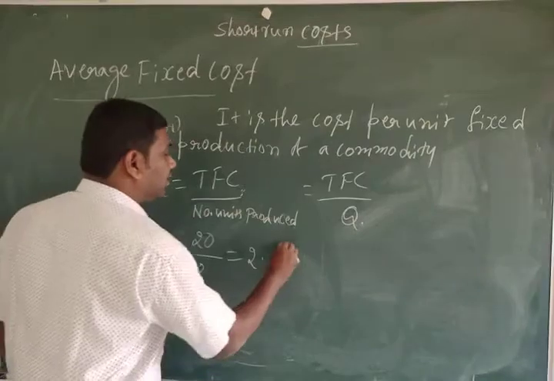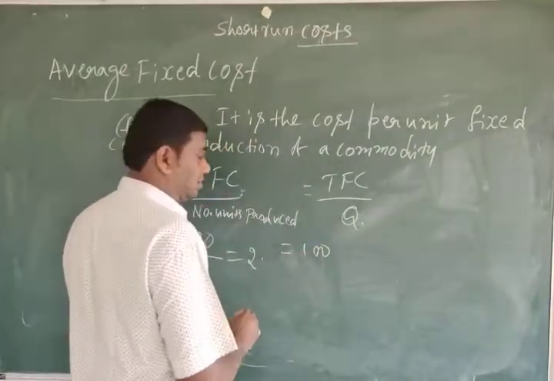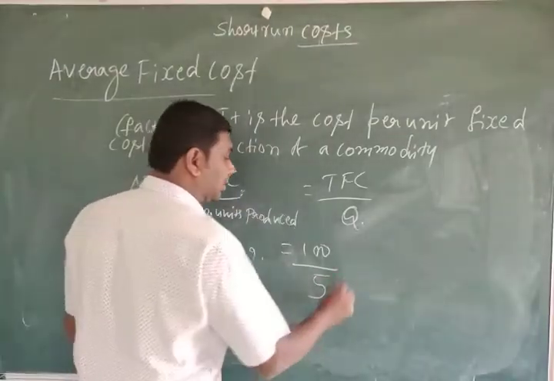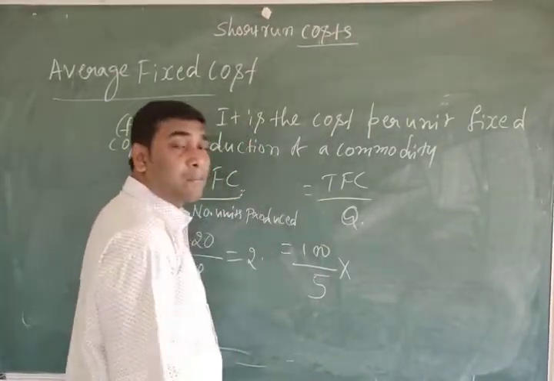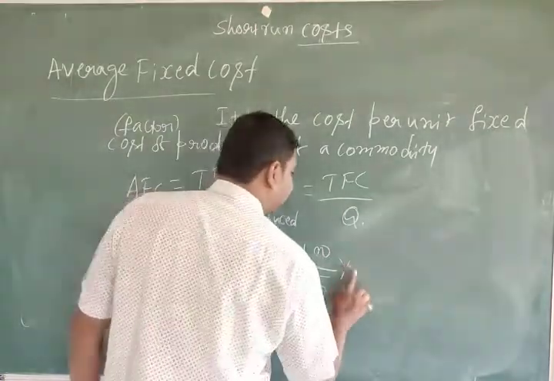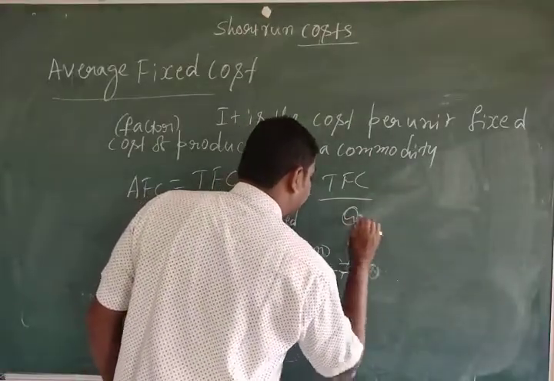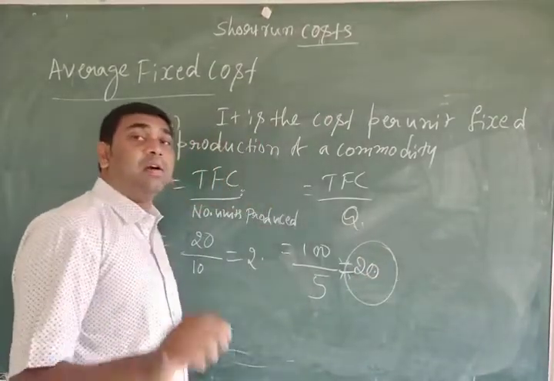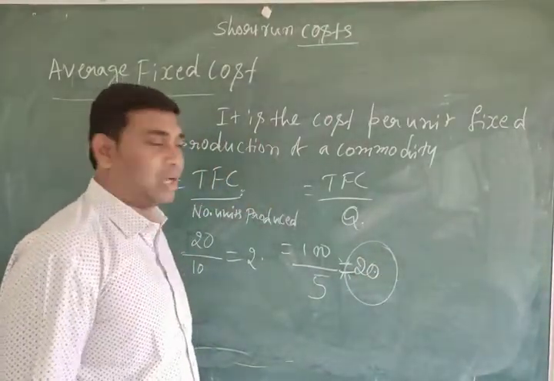For example, 100 is the total fixed cost and 5 is the number of units produced. Then what is that? That is 20. So this is the expense incurred on per unit fixed factor. Are you understanding?